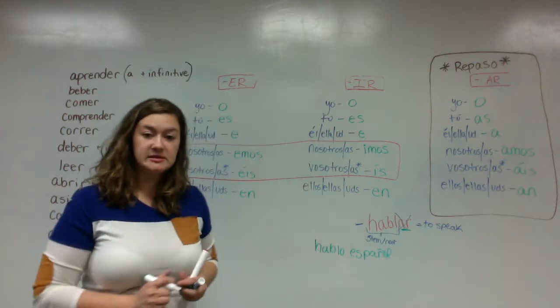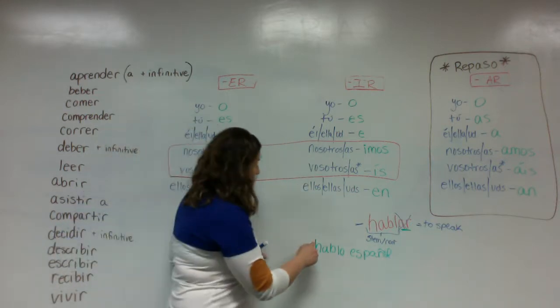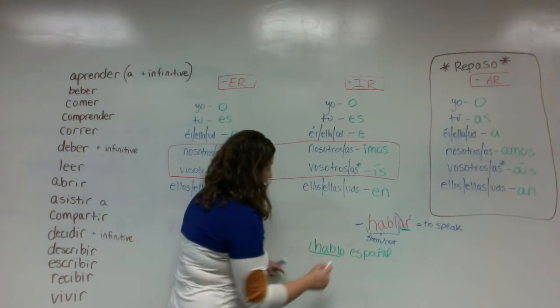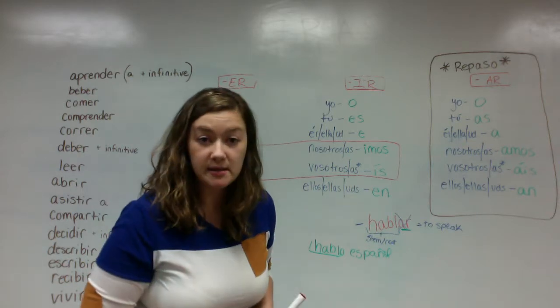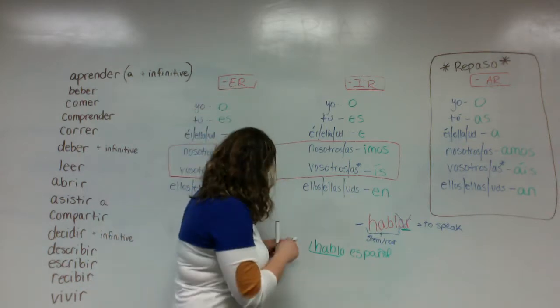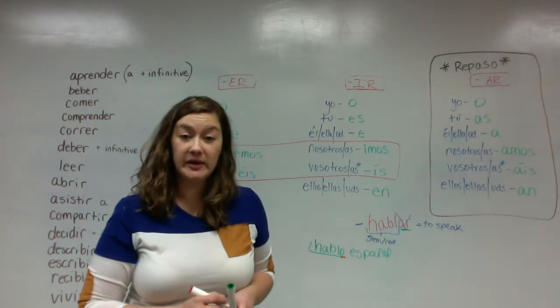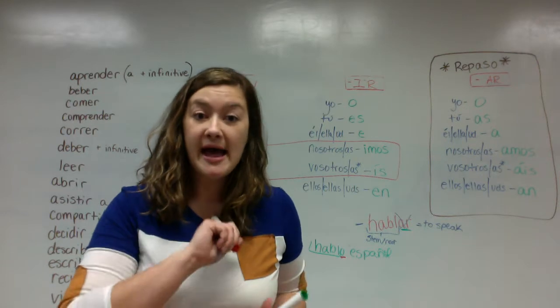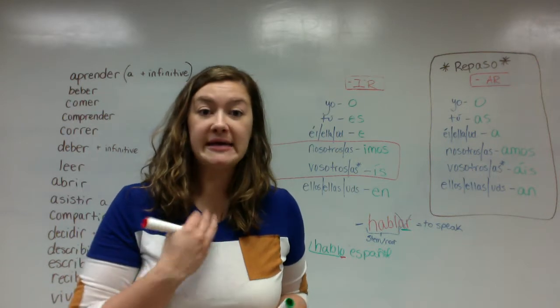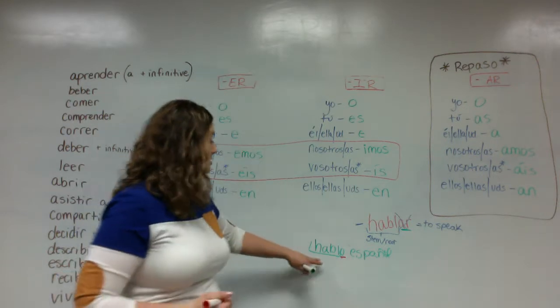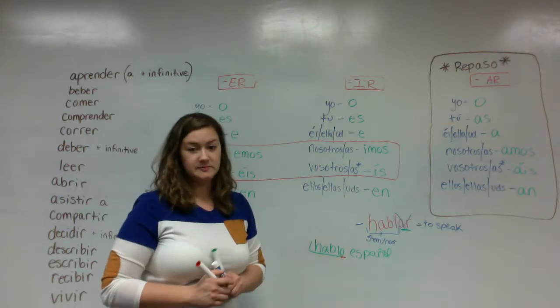I speak Spanish. Because this first part of the verb is telling me the action, which is to speak or to talk. This part of the verb, the ending, is telling me who is doing the action. In this case, I am doing the action. So, I speak Spanish. Hablo español.